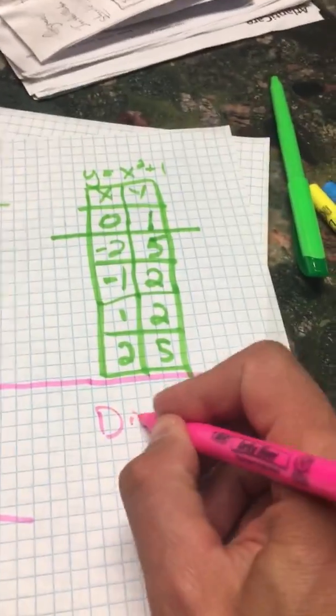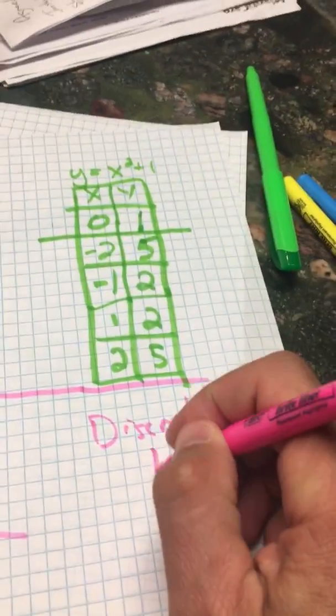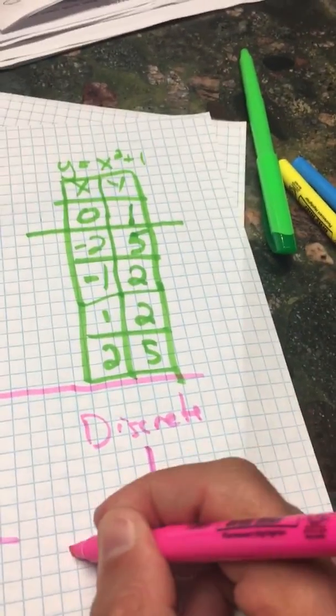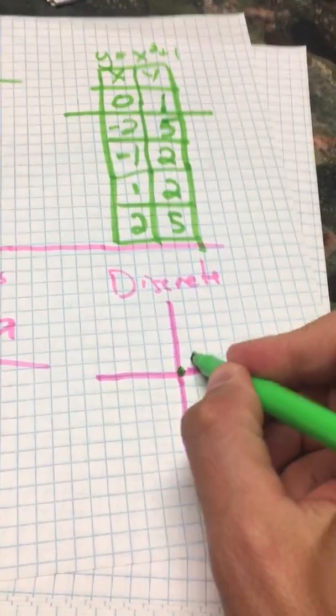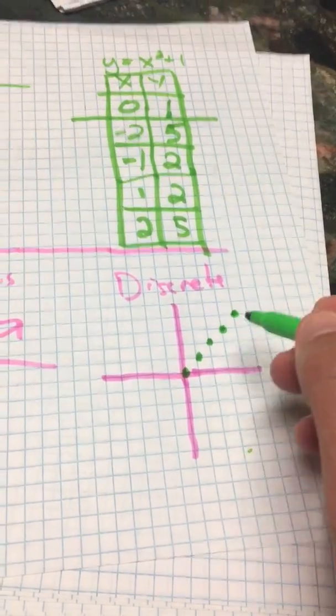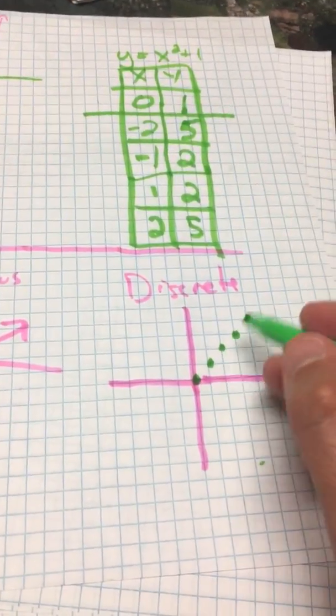It's just connected. Whereas discrete, well, there's a series of points that are not connected, but they can still be linear. You might have a point, point, point, point, point, but they actually aren't connected because it's only those values that are there. When you read some problems, you'll see why that happens.